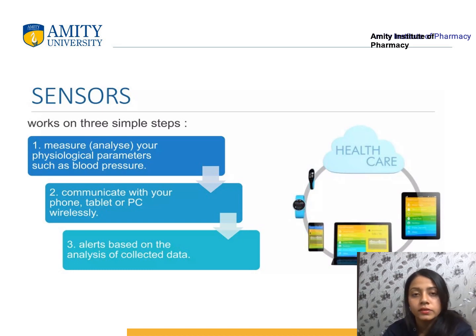Like I have said, it is in direct contact with your body, so it can measure your blood pressure. Communicate with your phone, your tablet. And the third one is alert based on the analysis of collected data. So basically AI is used which analyzes the data and alerts you based on your data if it's harmful for you. Like if blood pressure is high, then it will alert you.